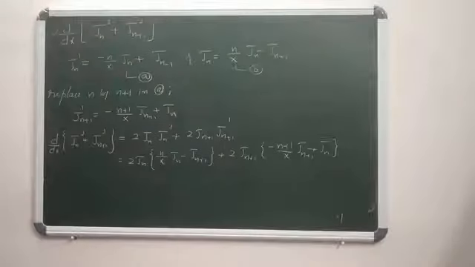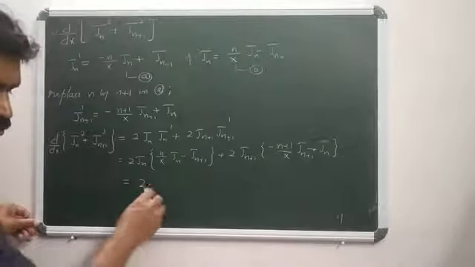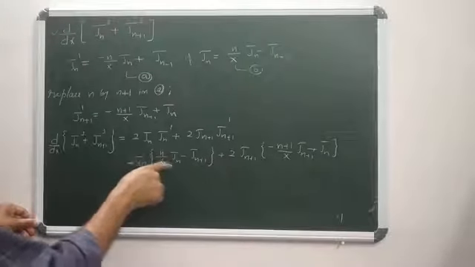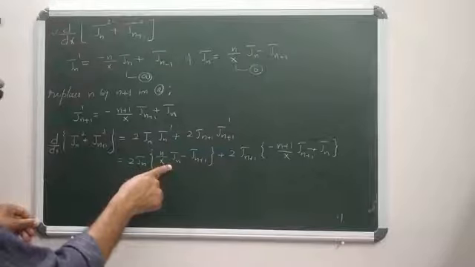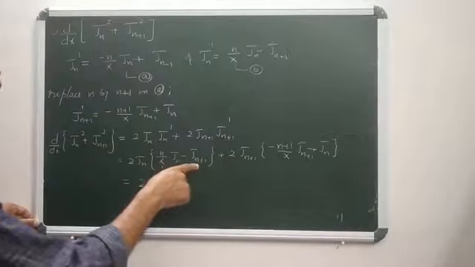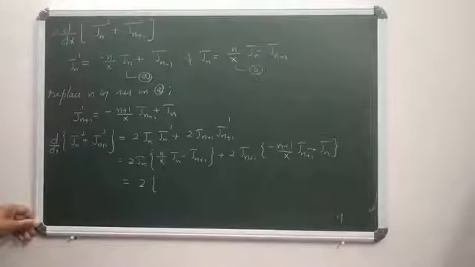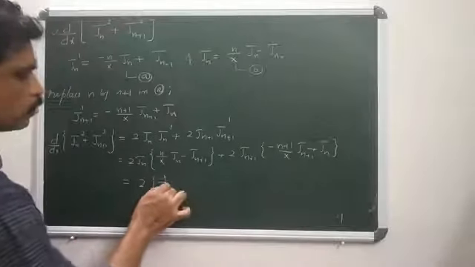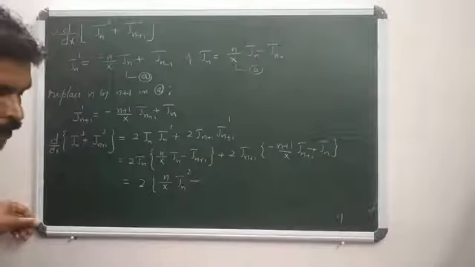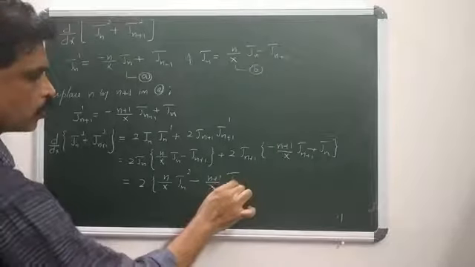Agree? So this equals 2 times: 2 J_n times n/x J_n, that is 2n/x J_n squared, minus 2 J_n J_{n+1} plus 2 J_n J_{n+1}. These cancel each other, and what remains is 2 times n/x J_n squared minus (n+1)/x J_{n+1} squared.